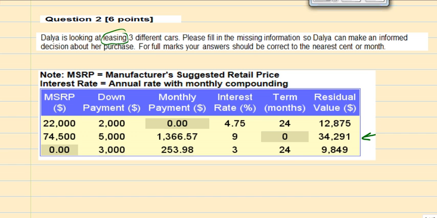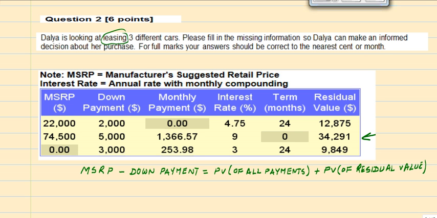In the next question, we have a question on leases. Leases are annuities due because the first payment is at the beginning of every payment interval. So we're going to use the formula, and the formula basically says that suggested retail price minus down payment has to be equal to the amount of financing.